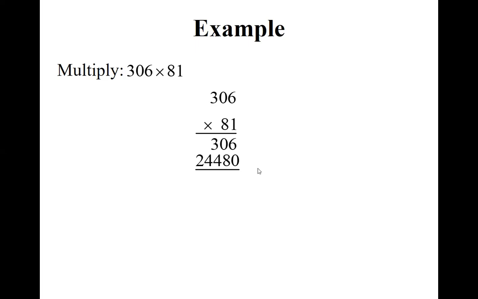Then we do 8 times 6 is 48. Put down the 8, carry the 4. 8 times 0 is 0, plus the 4 we carried is 4. 8 times 3 is 24. Put down the 4, carry the 2, but there's no more digits, so we just write in the 24. We're not confined to not having space anymore.